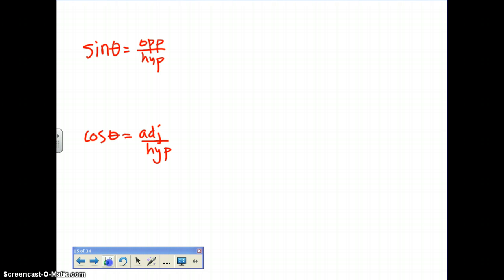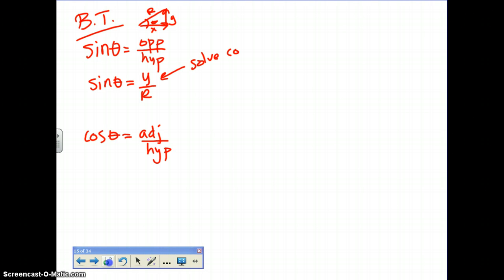Well, really what we're saying here is that, and I'm going to do this for bow tie triangles, your sine theta is going to be your y over your r. So let's solve for y, because that's ultimately what you're going to do: solve for this component right here. So that equation is now going to become y equals sine theta times your resultant.